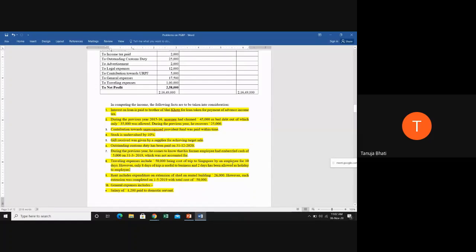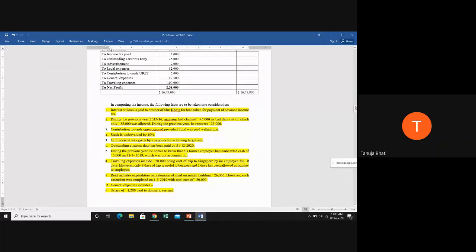So this is an allowable expenditure because out of 10 days, majorly 8 days he is there for business purpose, and 2 days they have just given him a holiday so that he can also have his personal experience in Singapore. That means majorly he had gone only for the purpose of business, and the remaining 2 days is given as a staff welfare expense, correct?